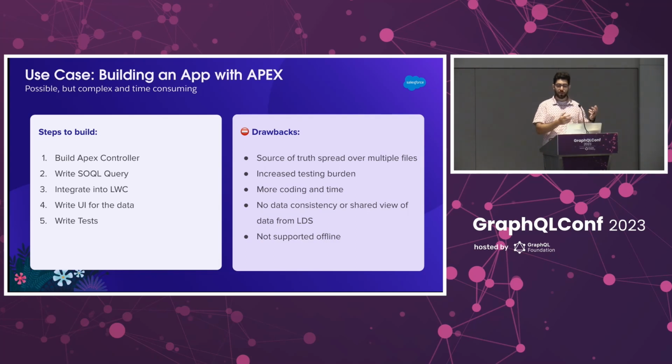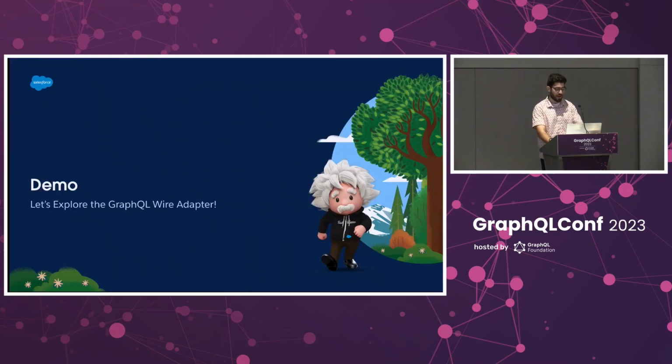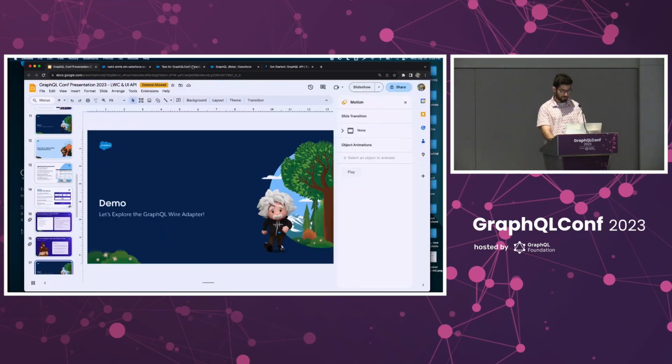But if you didn't, you'd have to actually do the SOQL query, the Apex controller. If you don't know what Apex is, it's a programming language that Salesforce created, similar to Java, and SOQL is our query language. And so there is some drawbacks, as I mentioned. If you don't have the record IDs, that was the only really way to do it. But now we have the GraphQL wire adapter. So let's take a look at that.